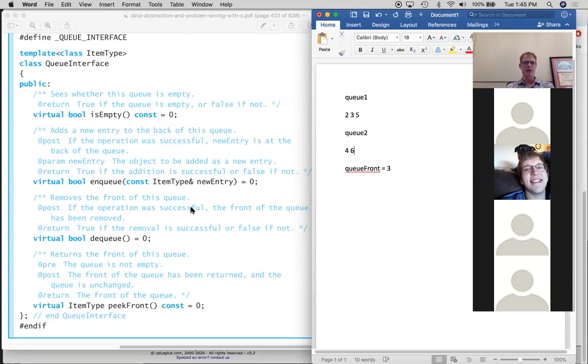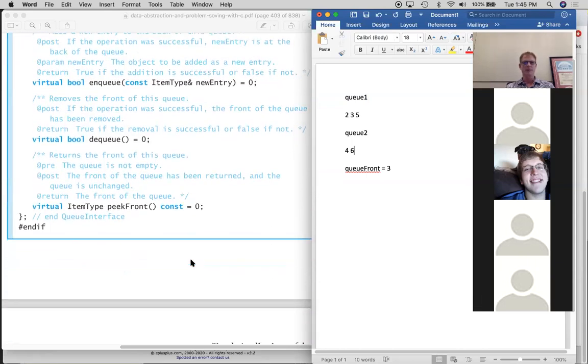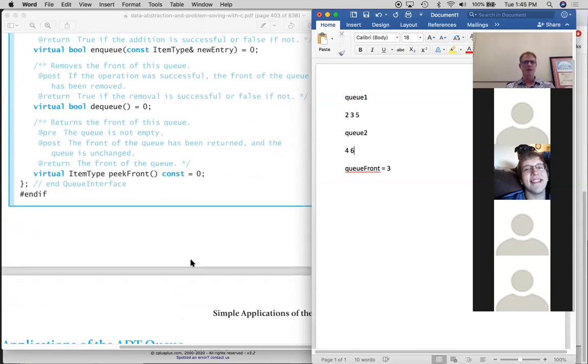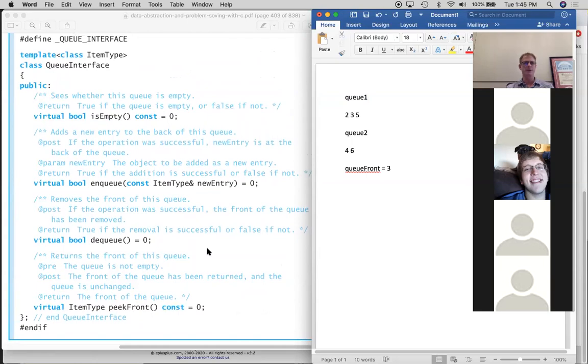Like the queue and the stack are pretty standardized, except when they call the function something slightly different. Not so much with lists. Lots of different options. Anyway, there's nothing too surprising here, I don't think. This is the actual C++ code for the interface.